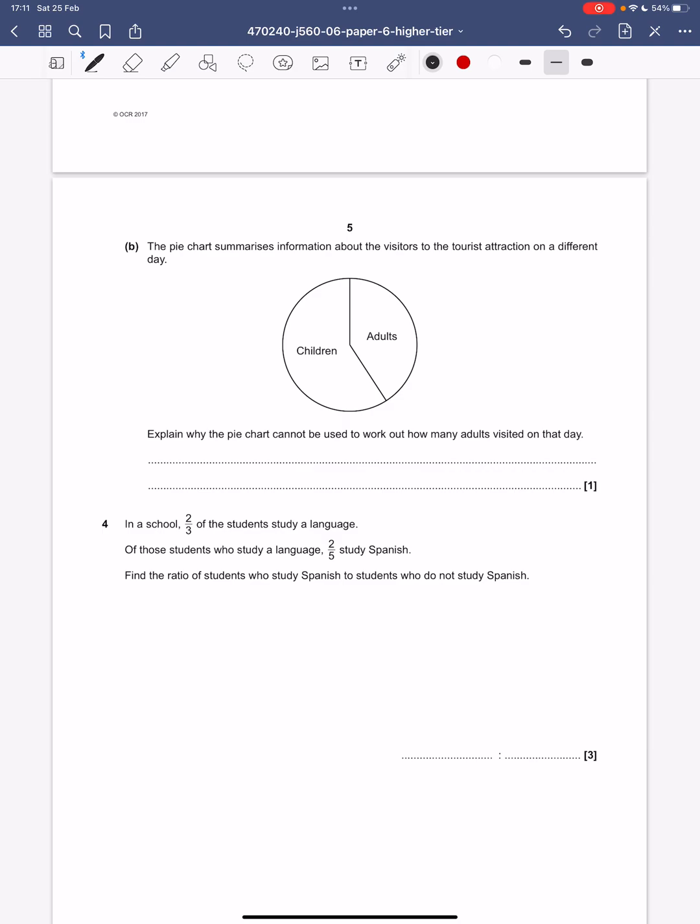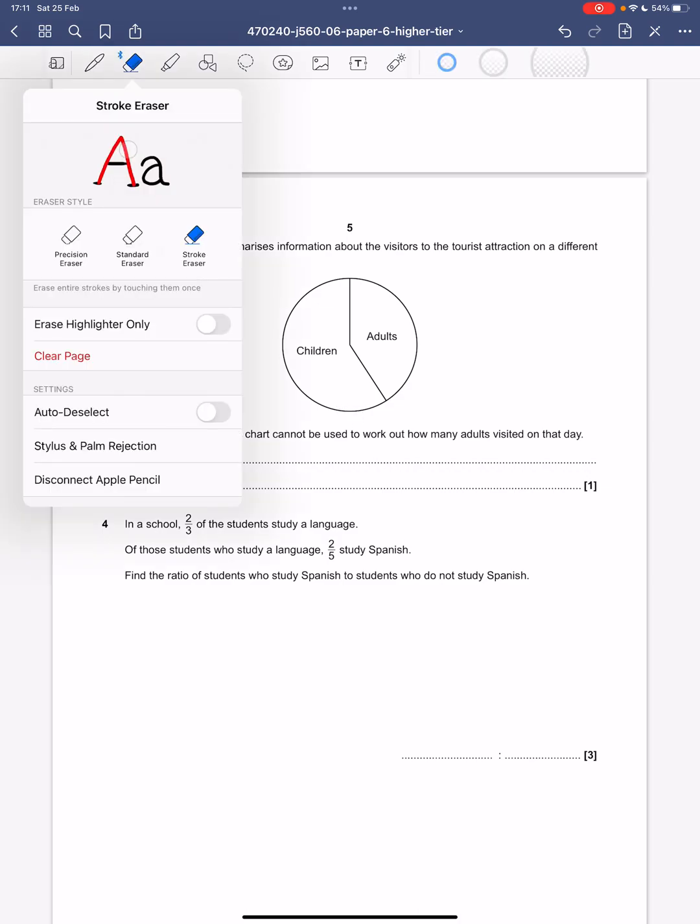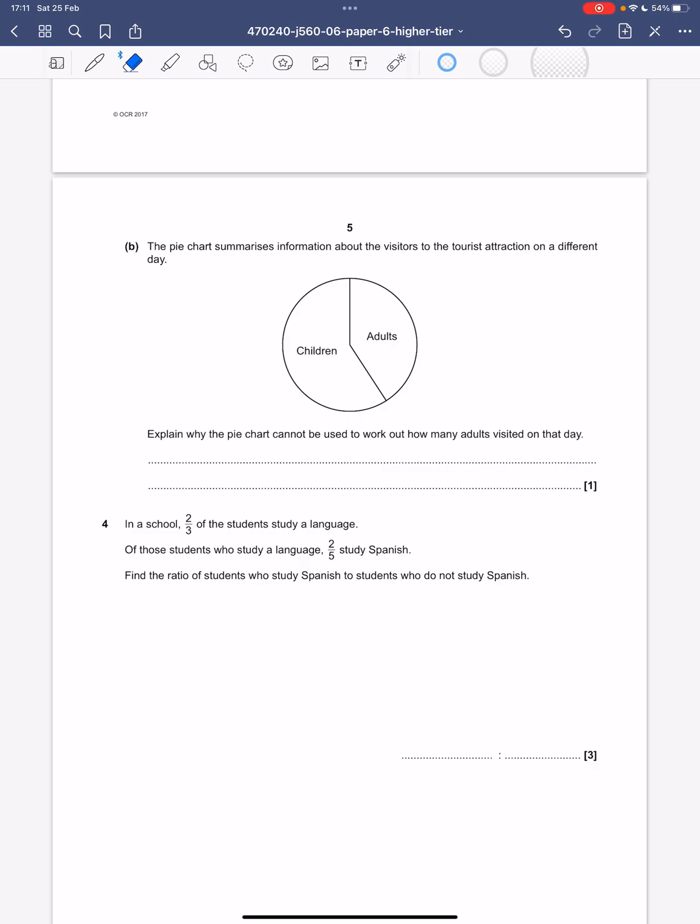The children look about 180. Adults look about 100 degrees and children look about 260.